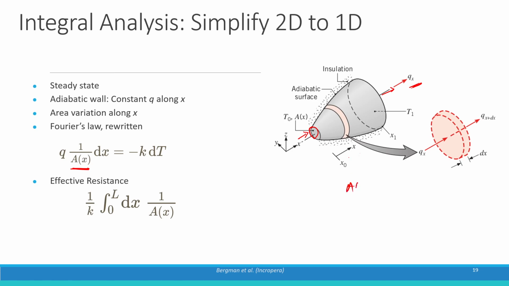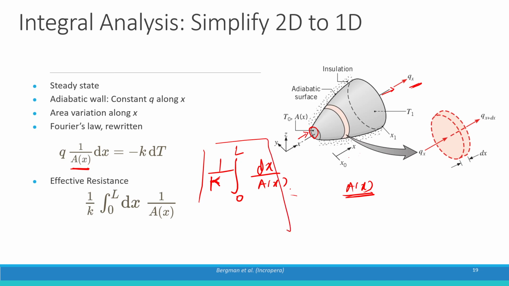That is, A will be a function of x. In such a case, as I mentioned earlier, the effective resistance will be the integral over the entire length of dx upon K times the area, where area is a function of x. If it was a pure rectangular block, then we remember it as delta X upon K A. But in case of such a system, we have to take this integral.